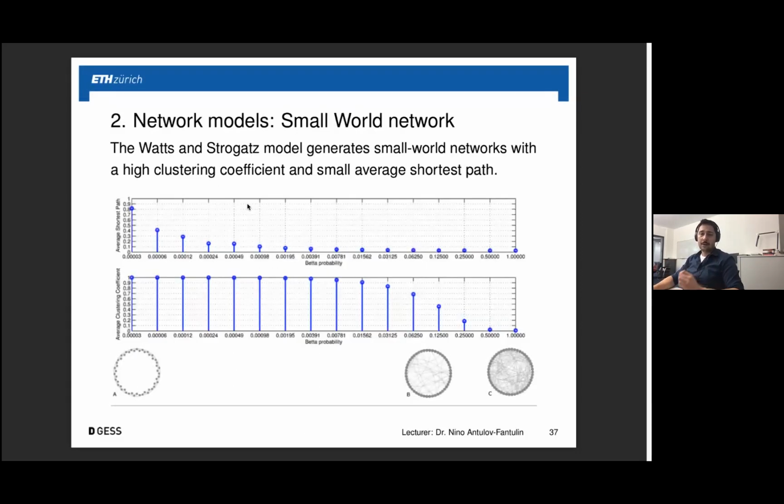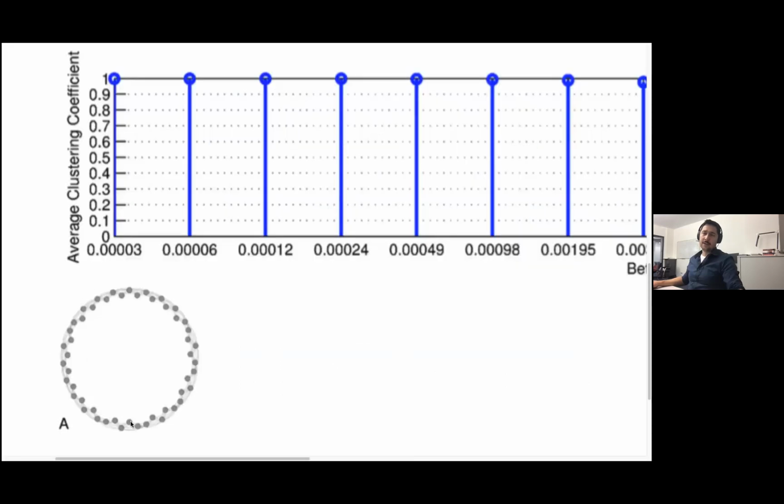Okay, as during the break, we were also talking about small world networks and the Watts-Strogatz model. The generative model to generate this type of network would start from some regular lattice.